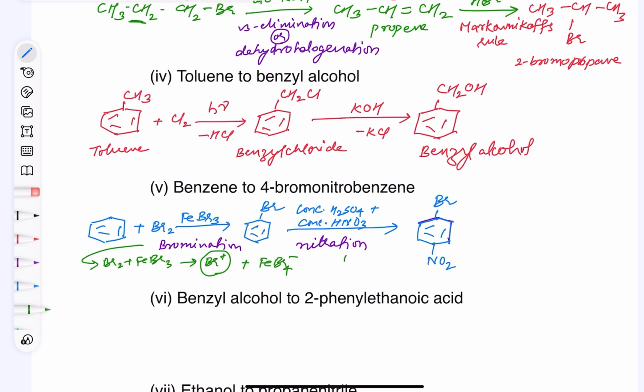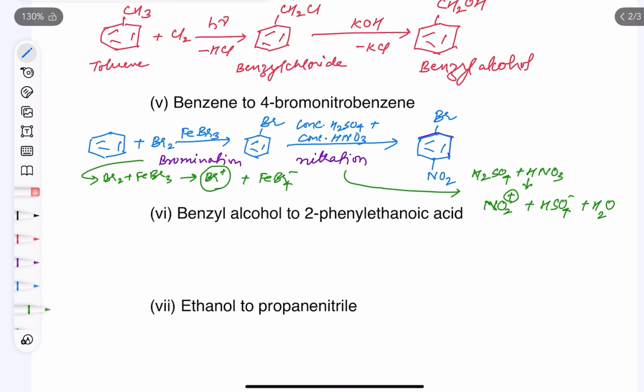Now what happens in nitration is that H2SO4 and HNO3 produce the electrophilic ion, which is NO2 plus, along with HSO4 minus and water. So it is this NO2 plus which is attacking your bromobenzene. So the product you get is para-nitro-bromobenzene.